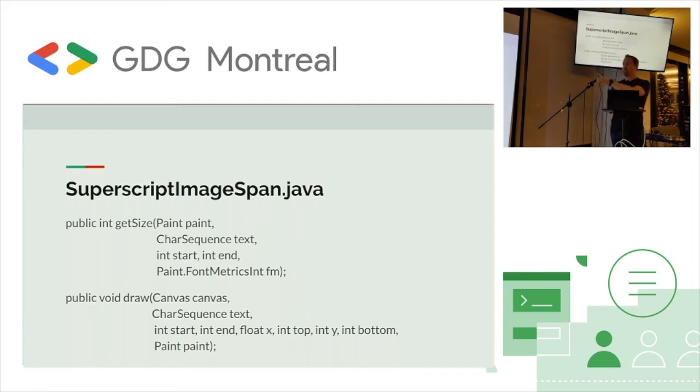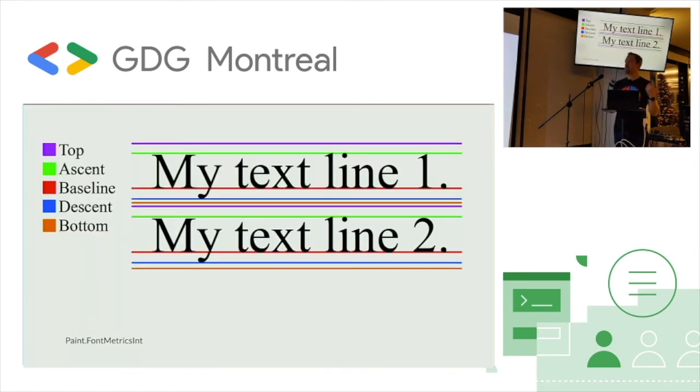You have to return an int, which is weird because we want to change either the width and the height. In that case, that int is only the width. So if you want to change the size height-wise, you have to change the font metrics to be able to adjust it. And font metrics, what they represent is these.